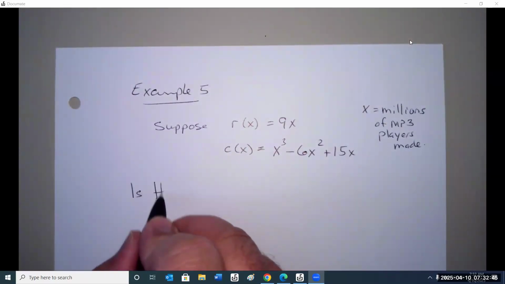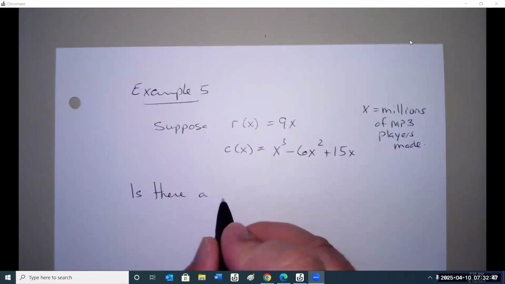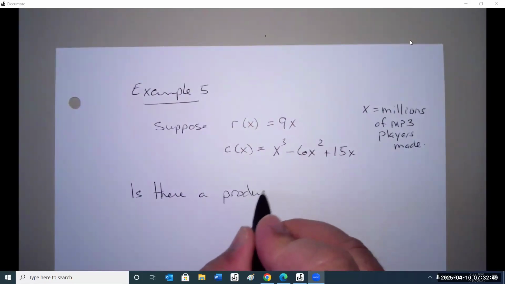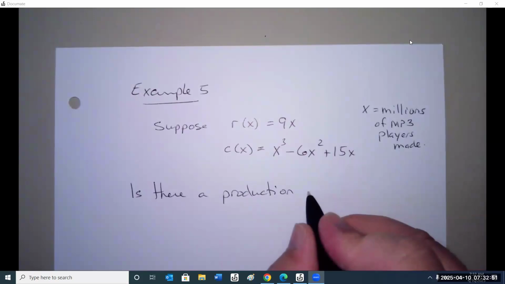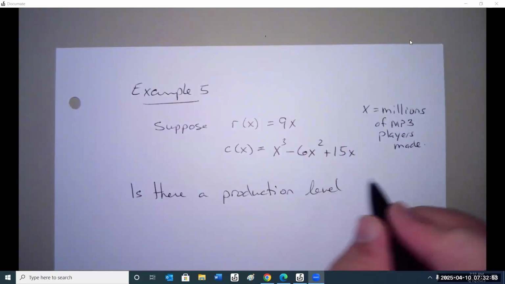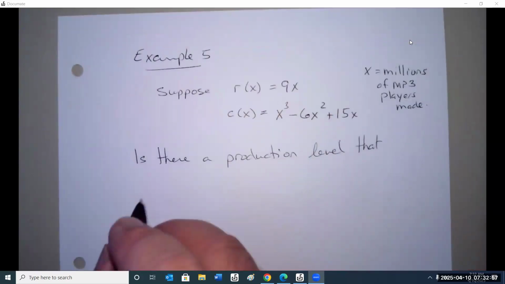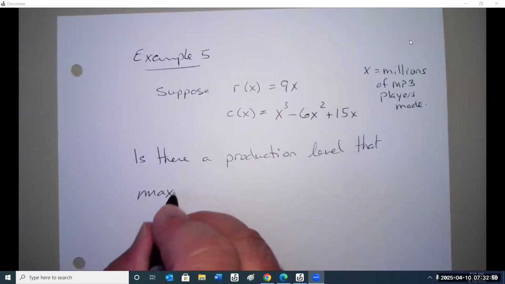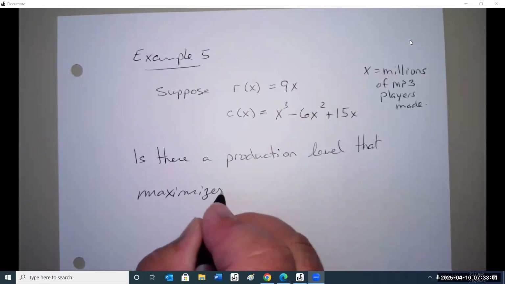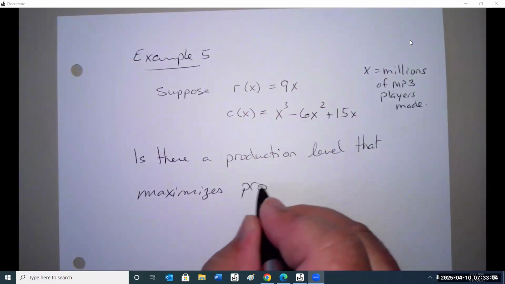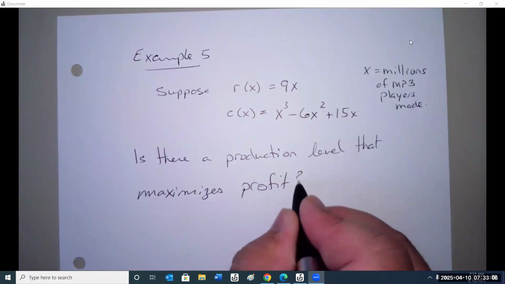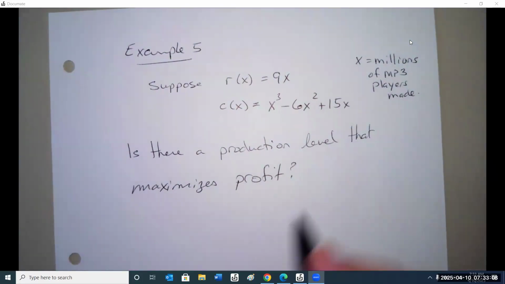Question: is there a production level that maximizes profit? If so, what?